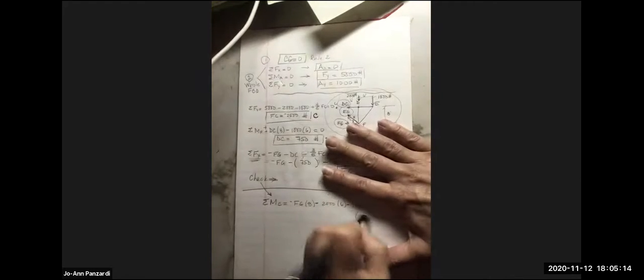And then plus FY up, which is 5,000, times 6 positive equals 0. Did I get them all? So FG creates a moment, DC and FC do not.